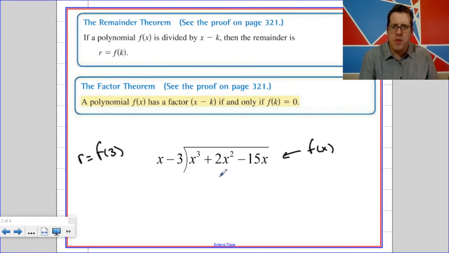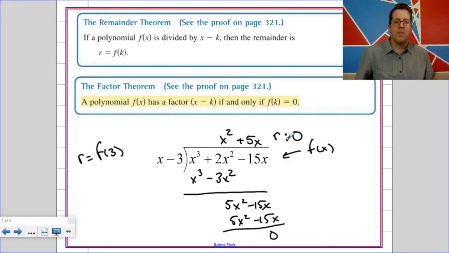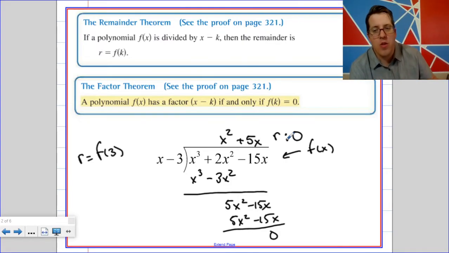Let me do the division really quickly. You can do this one or not. So I get this quotient of x squared plus 5x, and I get a remainder of 0. This means that plugging in 3, not x minus 3, but 3, to the dividend would give me 0.